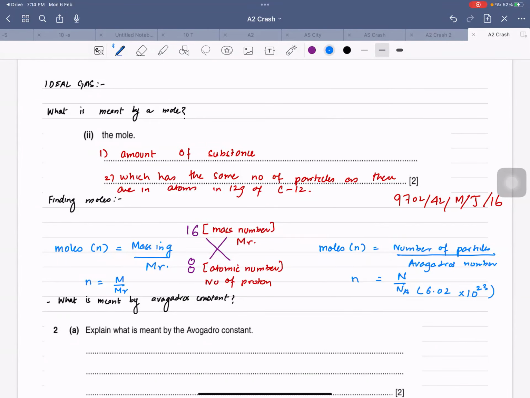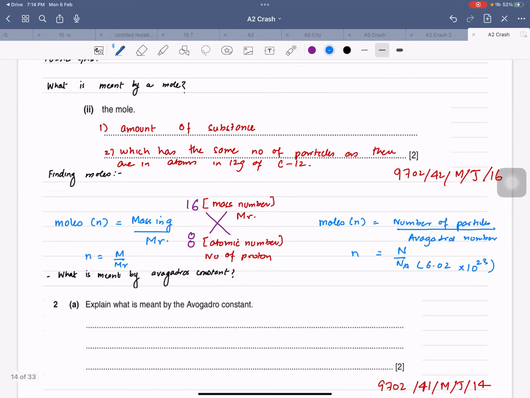Okay. Now, throughout this chapter, we will be finding moles again and again, and you will learn how to use both the formulas whenever required. But then the question is, what is meant by Avogadro's constant?